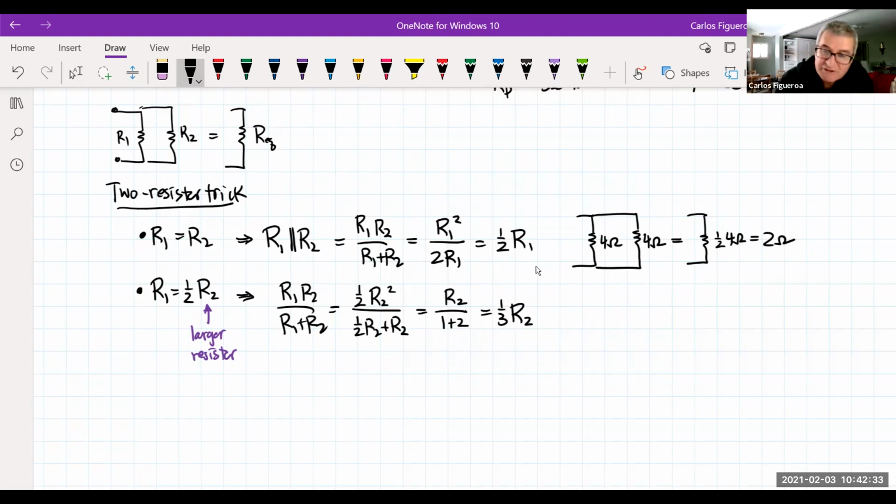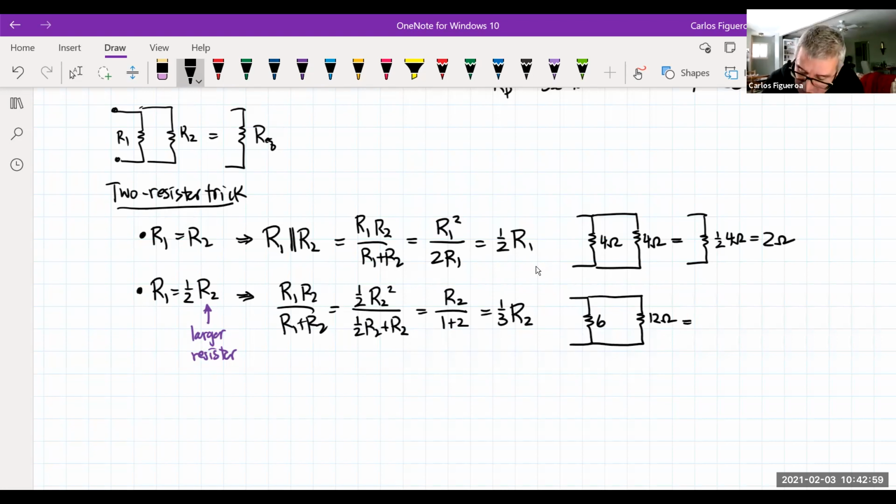If I have two resistors that are equal, the equivalent resistor is 1/2. If I have that one of the resistors is half as large as the other one, the equivalent resistance is 1/3. So in other words, if I have a resistor that looks like this, let's say this is 6 and the other one is 12 ohms. See how this is half of that value?